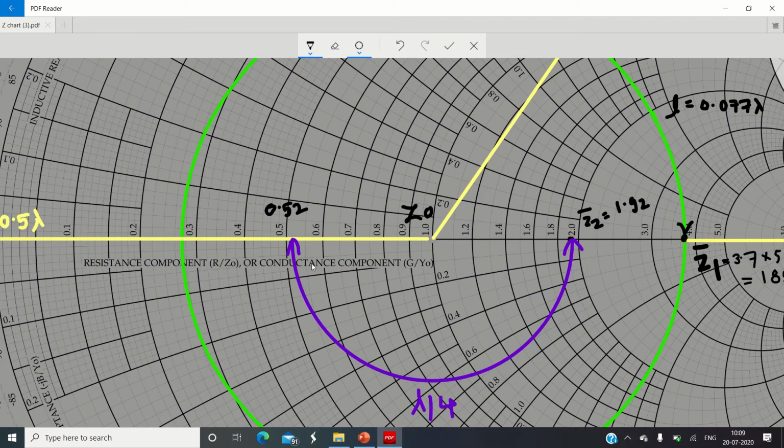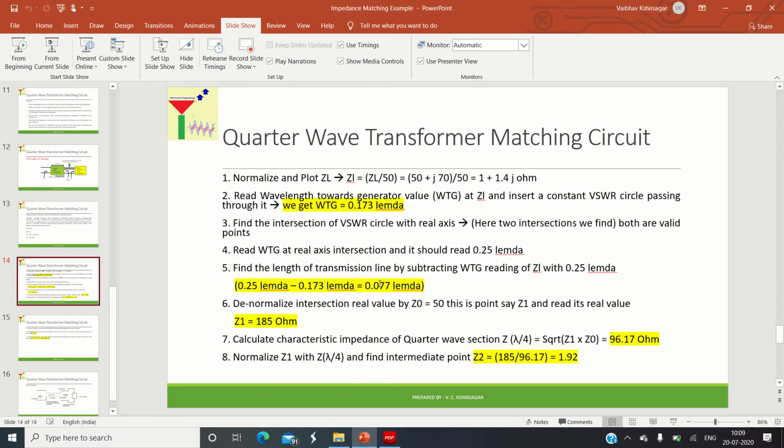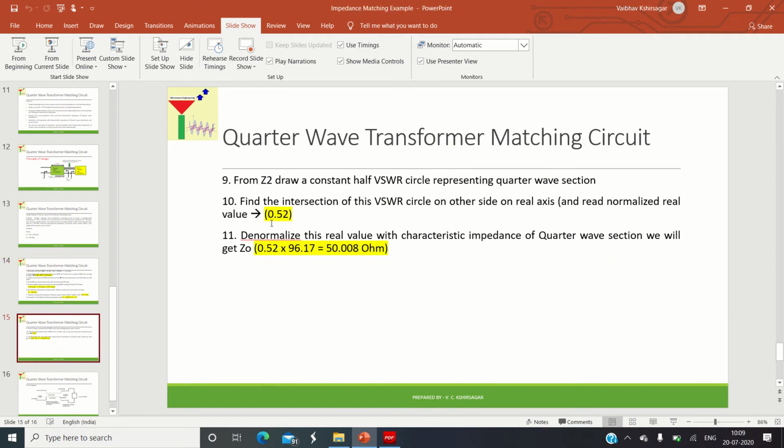So this normalized value you need to denormalize with the characteristic impedance of the quarter wave transformer. We know the characteristic impedance of a quarter wave transformer. From the earlier stage, we showed that it is 96.17. So whatever intersection we found, that is 0.52, multiply 0.52 with the characteristic impedance of the quarter wave transformer, and approximately you will get the same characteristic impedance value of the transmission line.